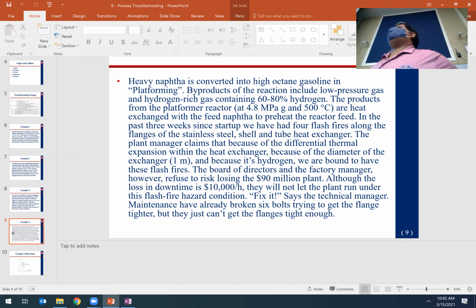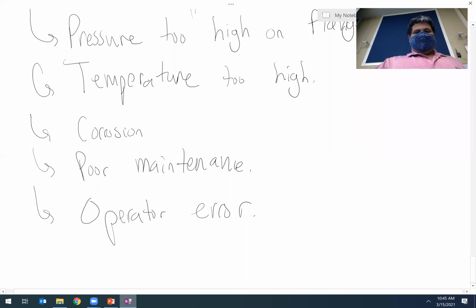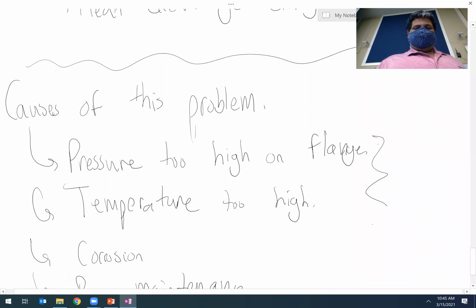And the plant manager is claiming that there's thermal expansion happening in the system. And that, you know, it's bound to happen because hydrogen is what hydrogen is. So the manager's claiming that it's a mixture of this with a little bit leaning on the temperature.